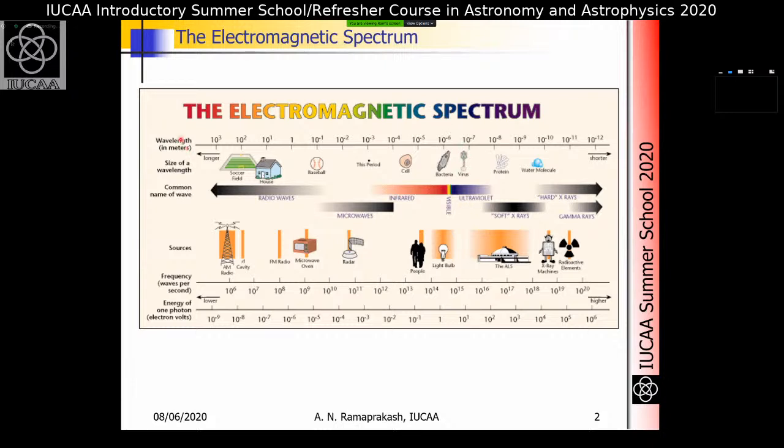Although astronomers use the entire wavelength range from thousands of meters to 1 part in 1,000 of a nanometer wavelengths to study the observable universe, we are concentrating today in a narrow wavelength region, which is very close to the visible wavelengths, slightly longer than visible wavelength in the infrared and slightly shorter than visible wavelength in the ultraviolet.